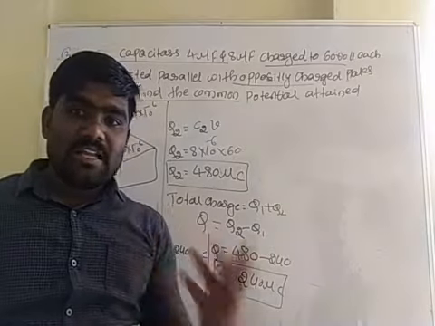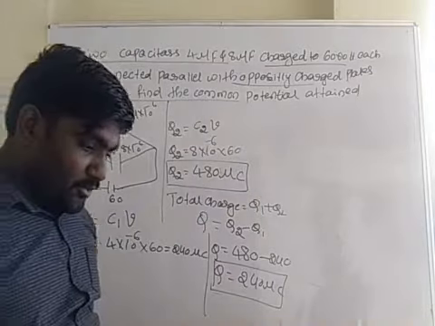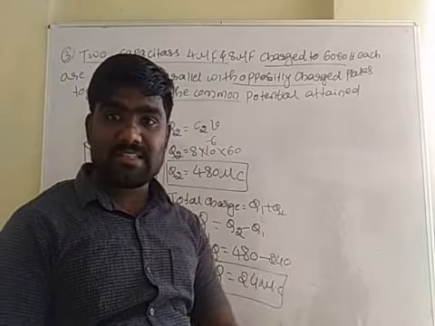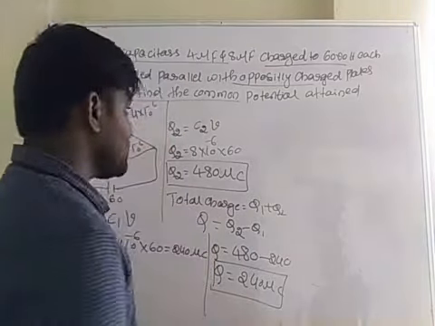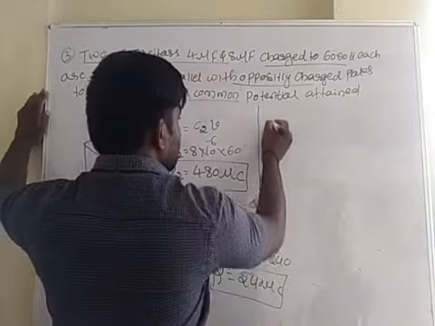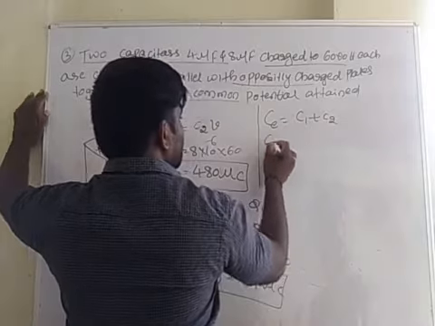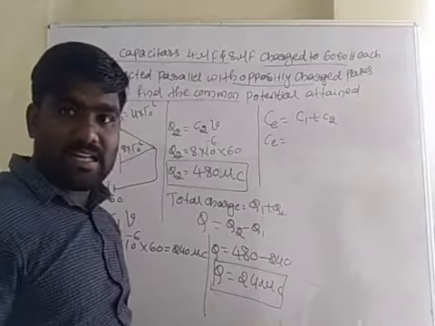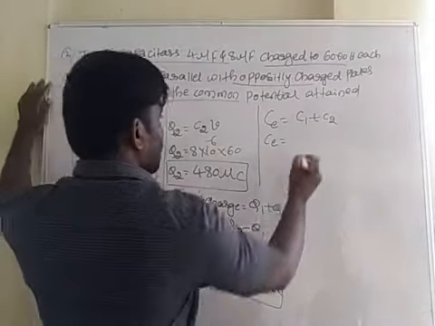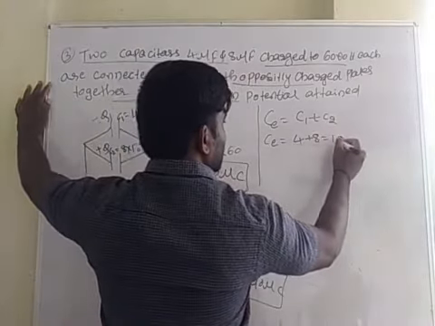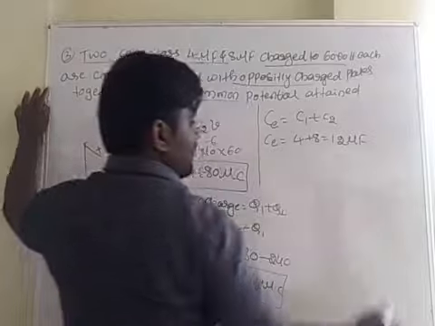Okay. Then what I want to calculate, if two capacitors are connected in parallel, can I calculate the effective capacitance? Okay. So see here, effective capacitance C effective is equal to C1 plus C2. So this effective capacitance is equal to what should I write? C1 4, C2 plus 8, it is 12 microfarad.